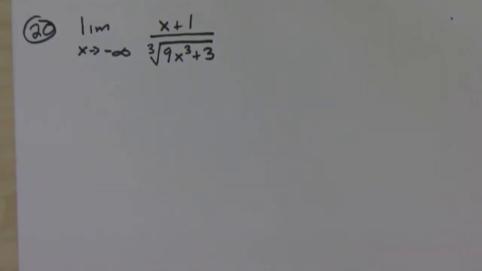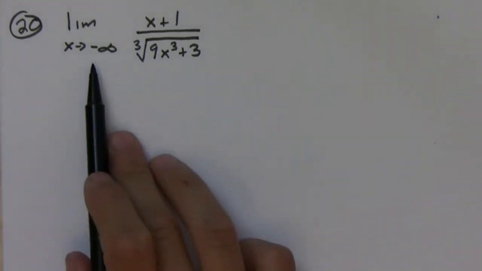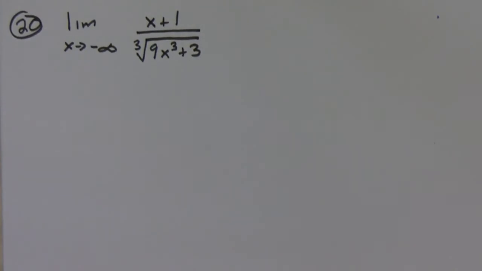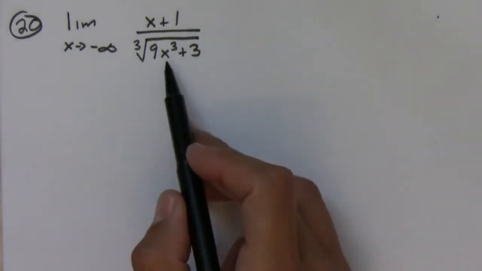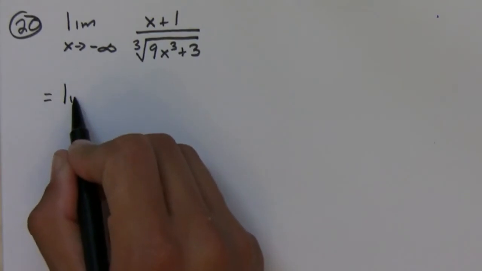Okay, so this is the last problem in our handout, and it deals with an infinite limit again. The same type of deal: we're going to divide by x to the highest power.